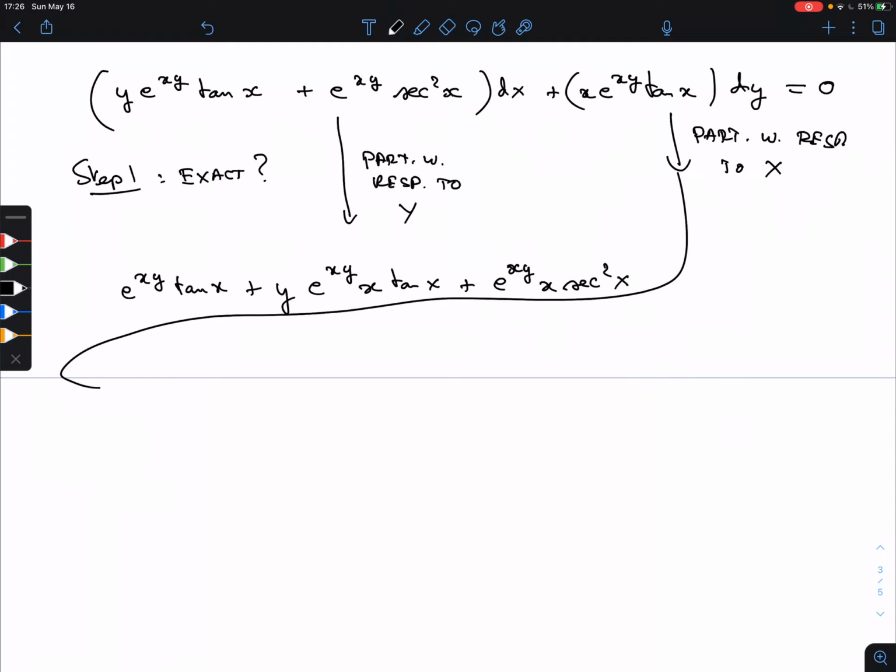What is this here? Let's write this on this side. Now with respect to x, that's a product again. So the derivative of the first one is 1, and then copy the rest. Plus, now the second, so copy the first, take the derivative of the second, that is e^(xy). Now what do we get here? x is the variable, y is the constant.